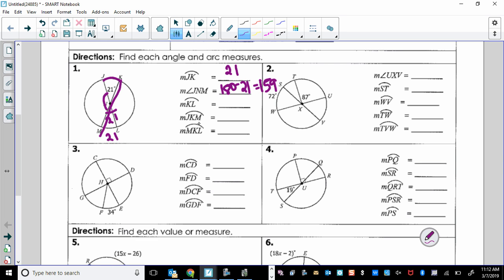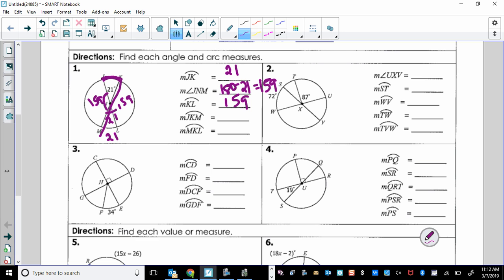159. Now the next one is, what is KL? KL is 159 as well. So KL would be 159. When it comes to JKM, JKM is the whole thing.